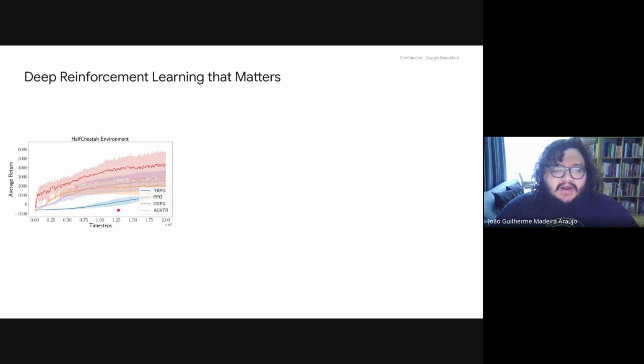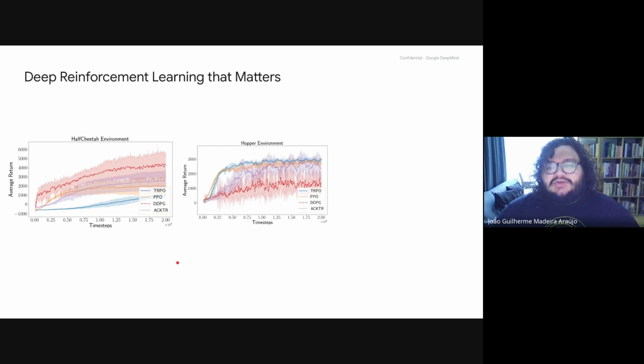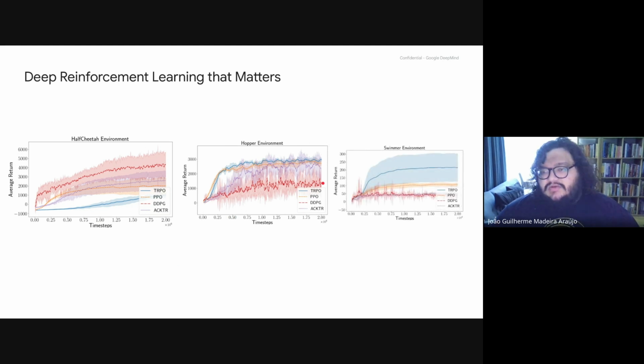Clearly, all of them are better than TRPO. Then you change your environment, and now TRPO is basically at the top, and DDPG is at the bottom. You look at another environment like the Swimmer environment, and you see the same thing again, but now ACKTR is also pretty much at the bottom. And in fact, you have this kind of insane variance of the TRPO performance.